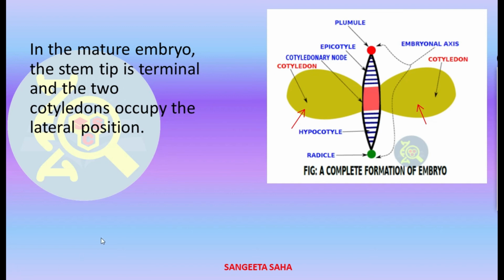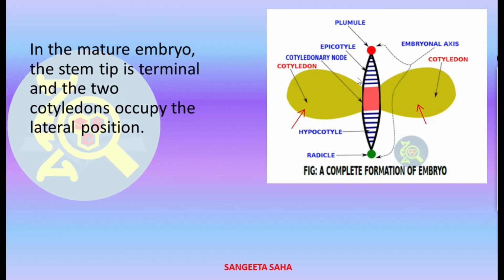Now here you can see there is an embryonal axis. Everything is marked in this diagram, and this is the point where the two cotyledons are attached. So we can say that the tip towards the chalaza is the plumule, and the tip towards the micropyle is the radicle.